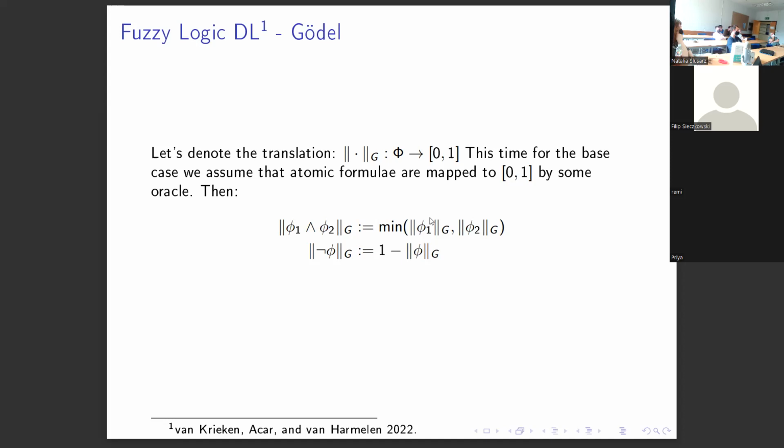So we started with one of the typical translations of conjunction based on Gödel that goes just to a minimum. And now it is important here that we are assuming that the atomic formulae are just mapped to 0 and 1 beforehand. We don't know how, they are just handled.